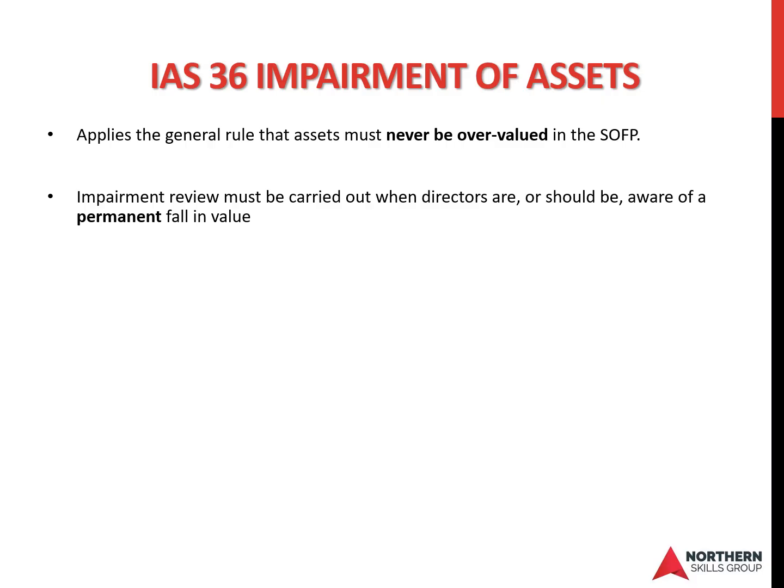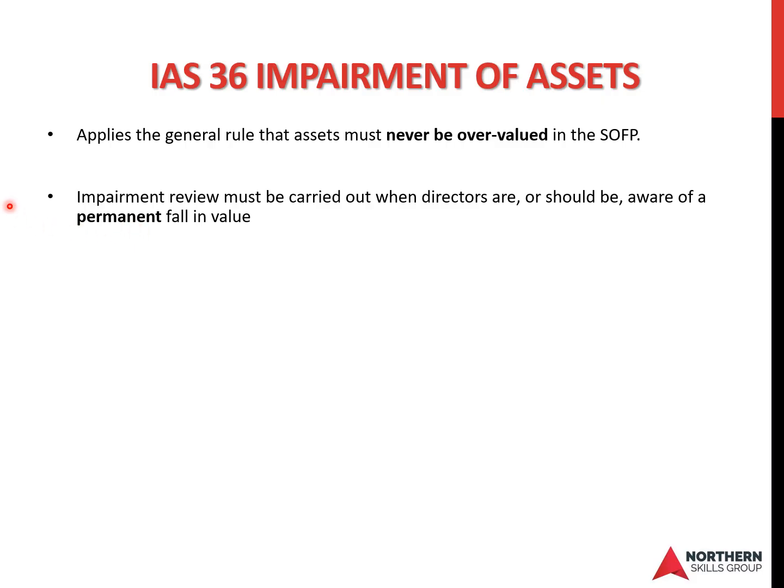It's got to be a permanent fall. If for some reason the property market takes a dip that reduces the current value of assets, but the market's expected to pick up again, that's not a permanent fall in value, so that doesn't require an impairment review.